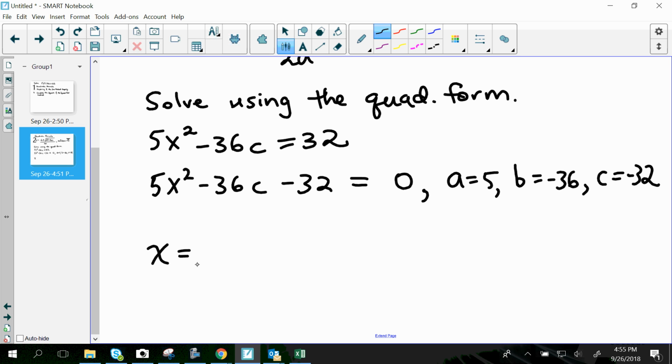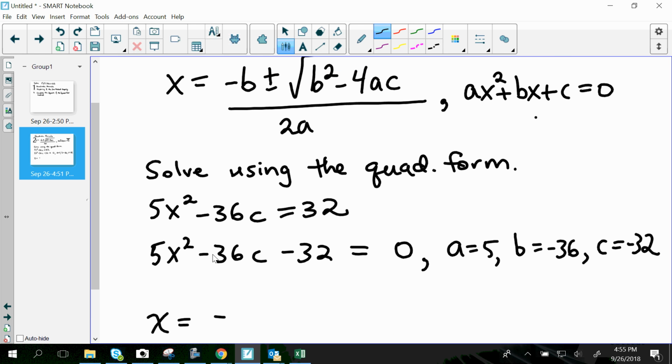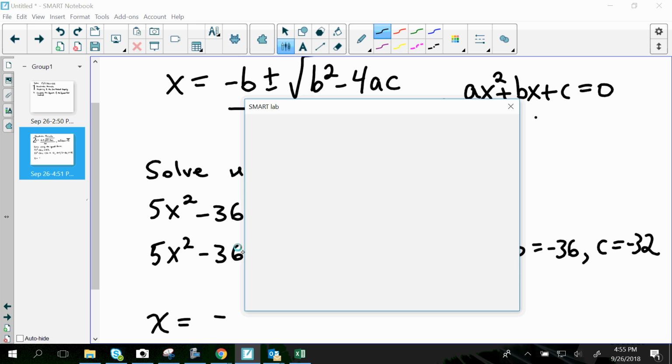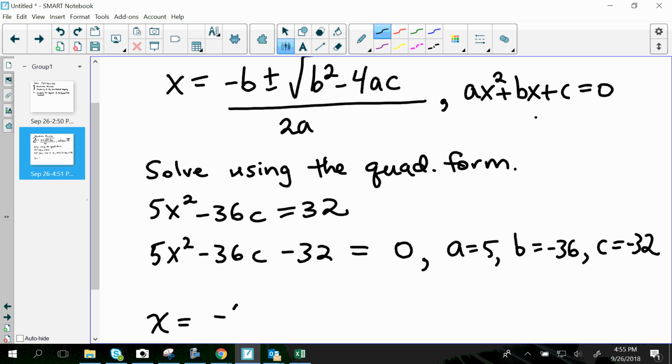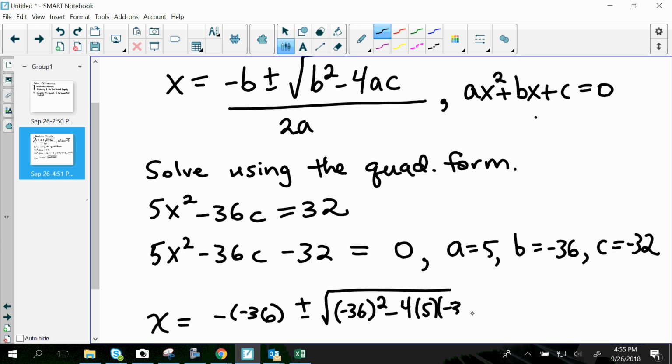Then I'm going to have x equals negative, so looking at the formula again, negative B, which is negative 36, plus or minus the square root of negative 36 quantity squared minus 4 times A, which is 5, times C, which is negative 32. And all of this over 2 times A, which is 5.